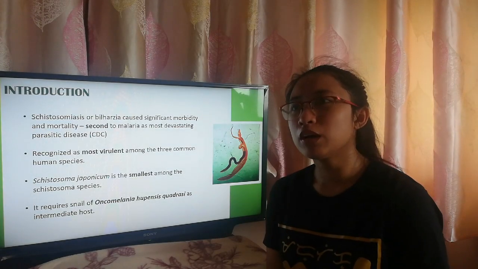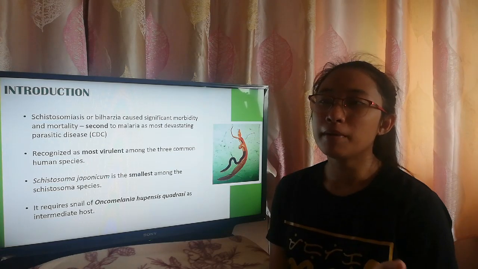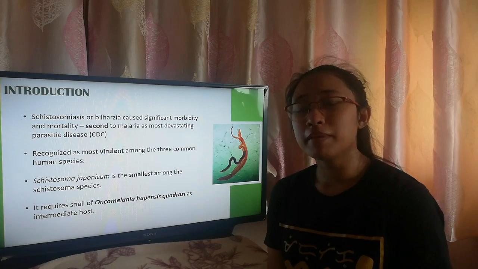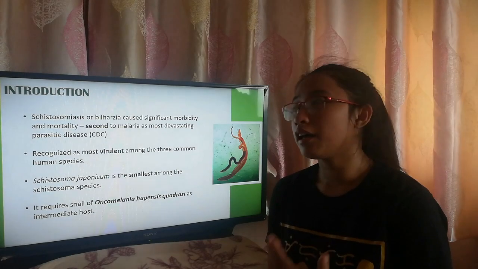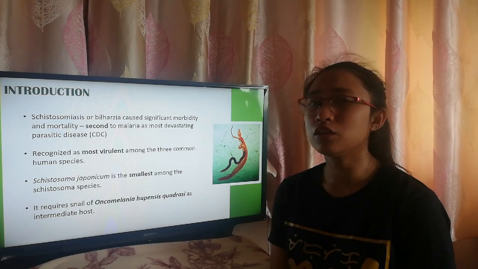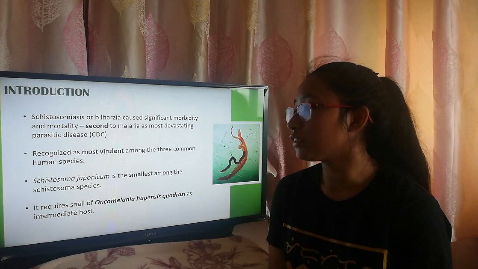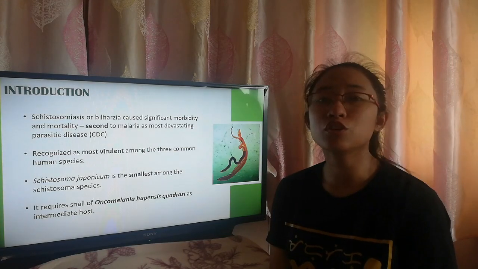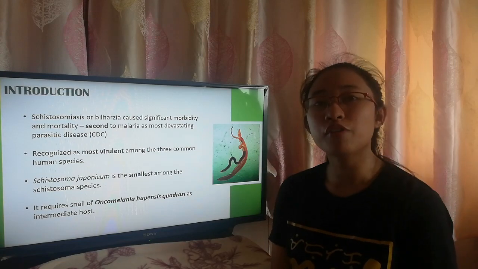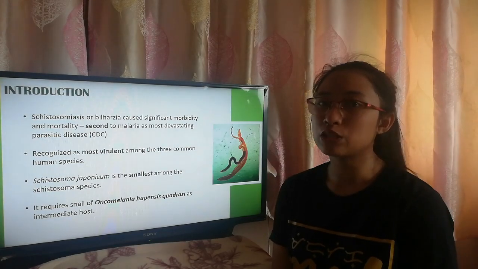So even if we stop transmission in one host, it is still possible that Schistosoma can infect other mammalian hosts, because it doesn't only infect humans but other hosts as well, and so it is possible for the transmission to continue. Our schistosome species are also very host specific. The intermediate host of our Schistosoma is the Oncomelania hupensis quadrasi.